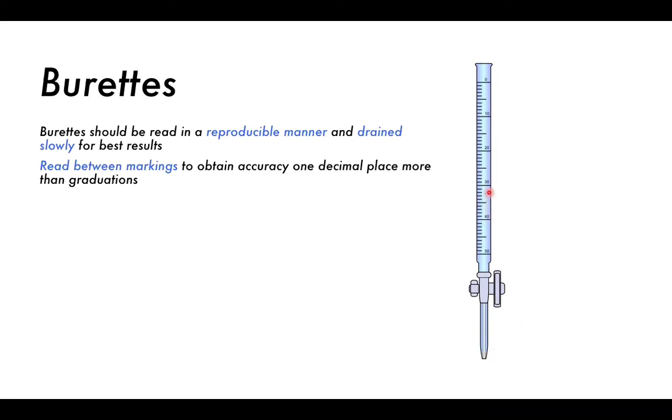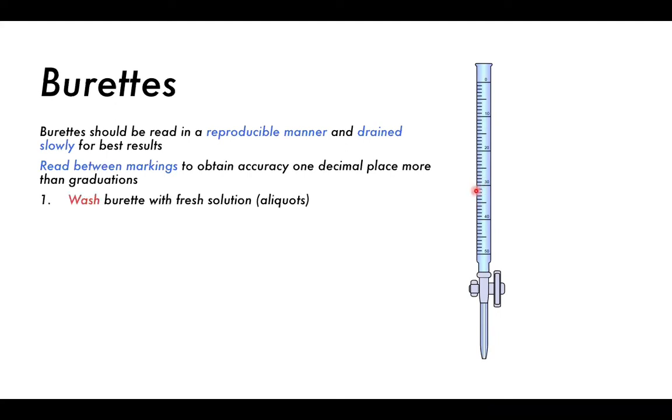The graduations in this particular example are every 1 milliliter or every 1 centimeter cubed, and we can read in between those to get maybe a 0.5 or 0.6 or 0.7 reading. So our accuracy can take into account the space between the markings.